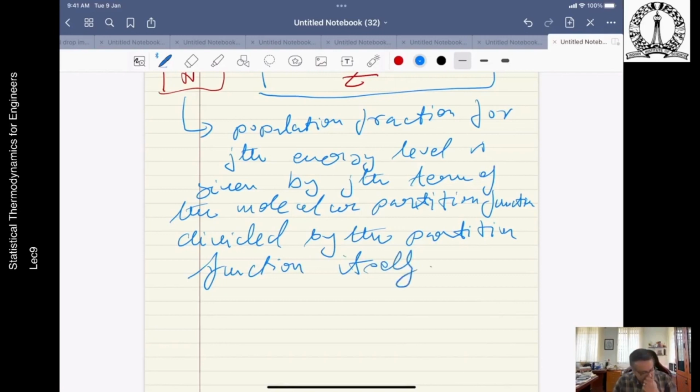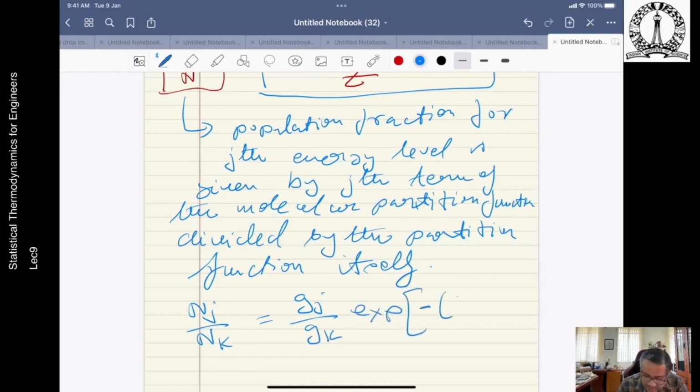Got it. So similarly, you can also write it as Nj by Nk. This is the relative population in energy levels j and k, or the ratio of the two, which is Gj by Gk exponential minus (Ej minus Ek) divided by kT, right?